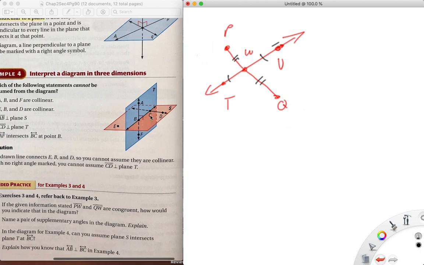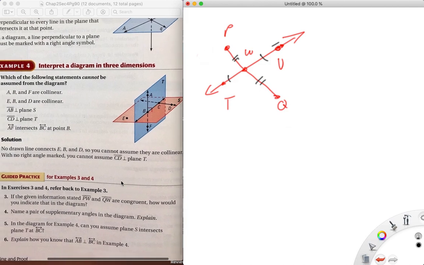So we have plane S and it intersects plane T. Notice this line that's formed. Remember, two planes form a line. And then we have B and C. B and C are in that intersection line. So we can conclude that line BC is formed by the intersection of plane T and plane S.